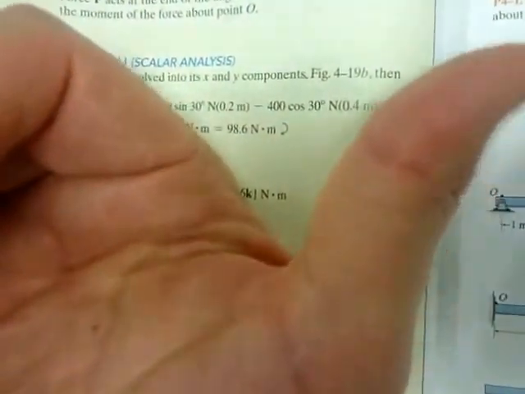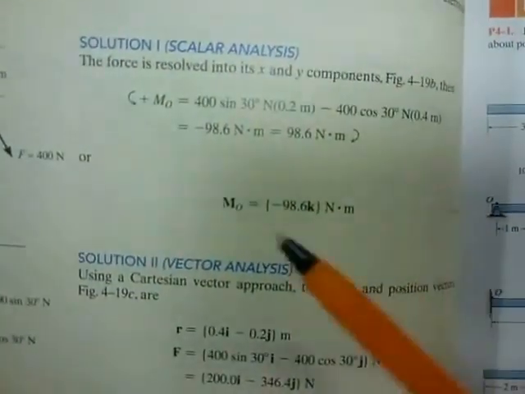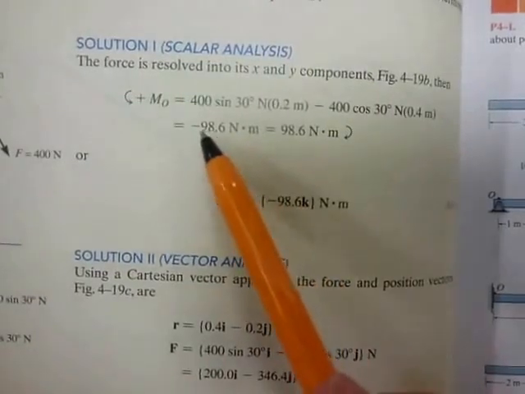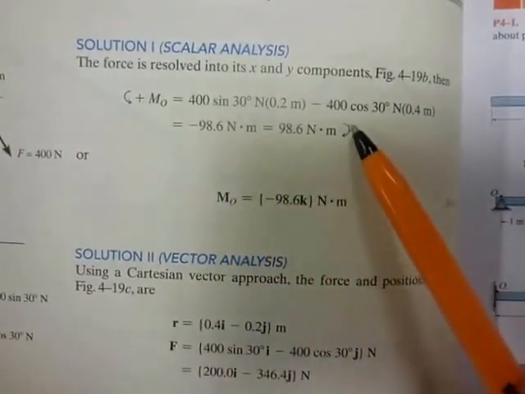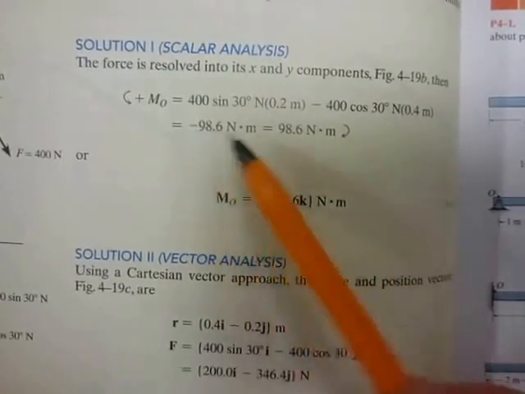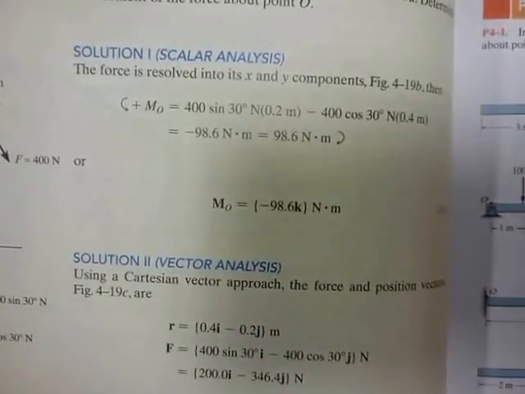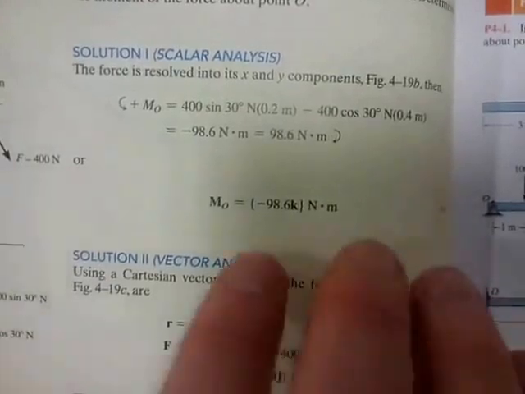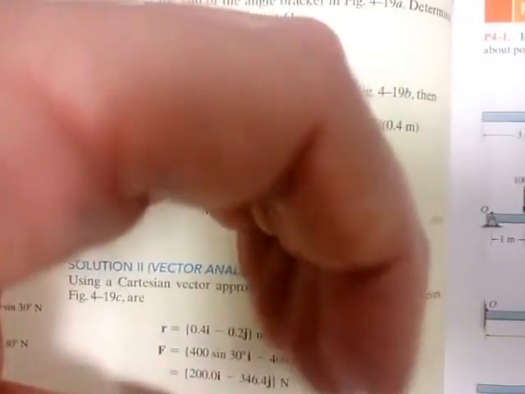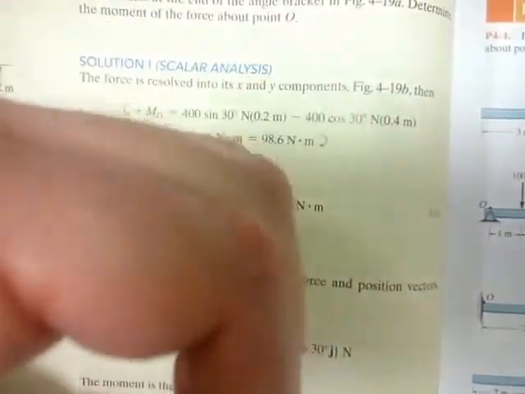If you use the right-hand rule, the curl of your fingers gives us the sense of rotation about an axis, okay, and your thumb is along that axis. So if we have a minus 98.6, which means we've got a negative moment, which means we've got a clockwise moment, then what that means is that my fingers need to curl like that. Okay? You see that?